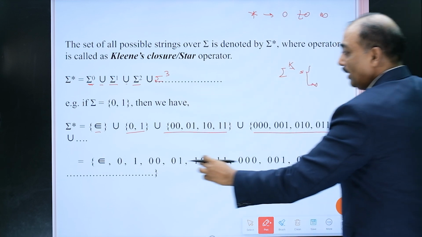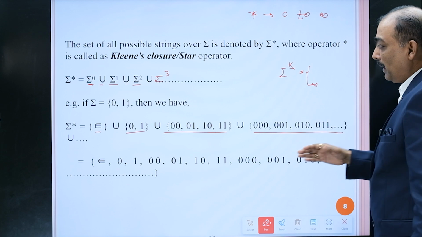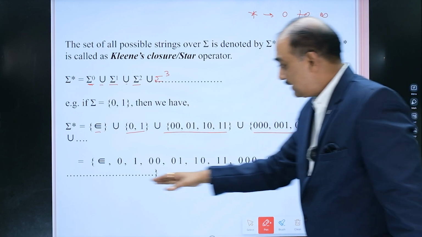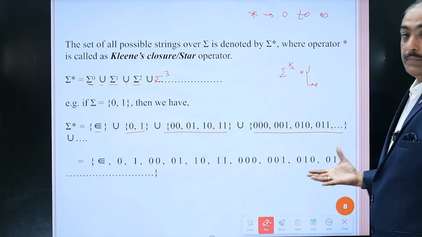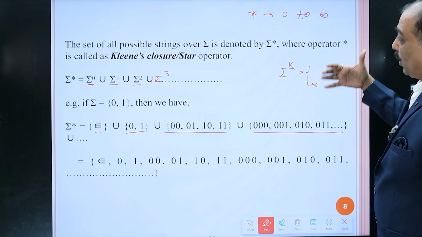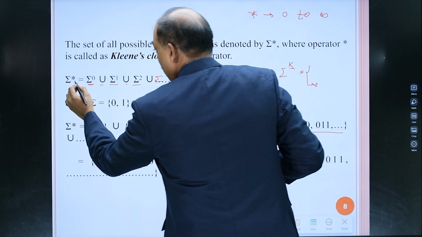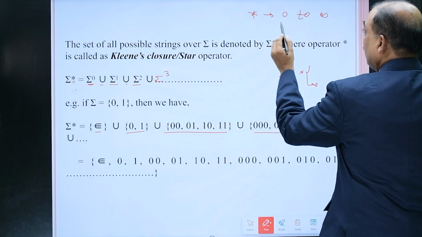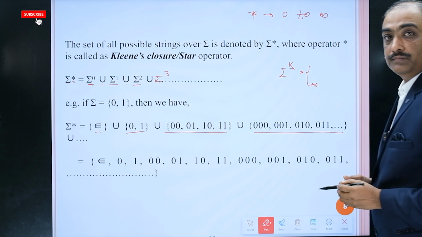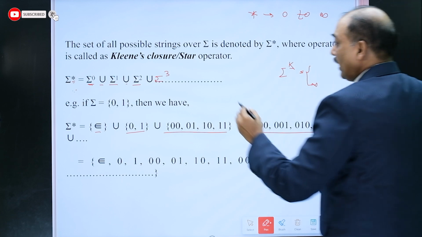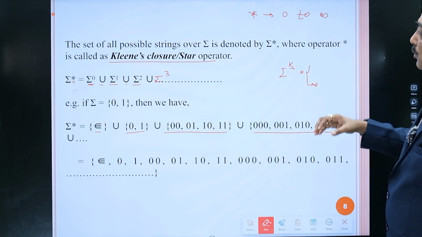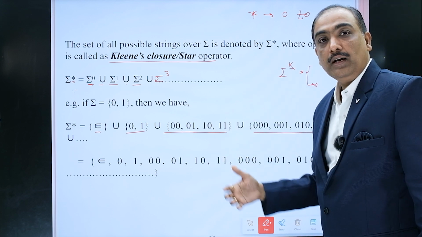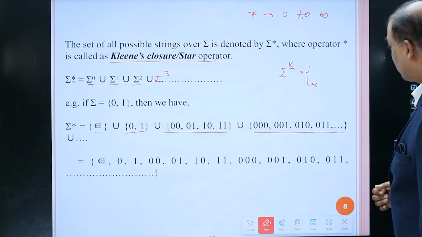So I'll keep on taking the union of all these sets, which ultimately gives me epsilon, 0, 1, 00 and so on. Right? So this star operator indicates that I have 0 to infinity. And this star is also called Kleene closure or star operator. We'll be making use of this star operator quite frequently in this discussion.